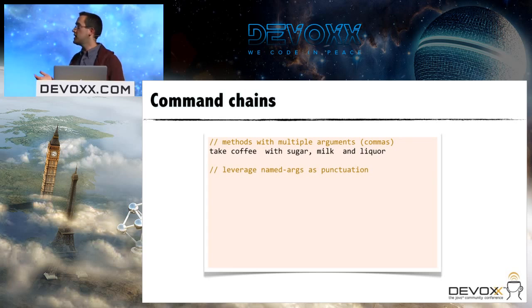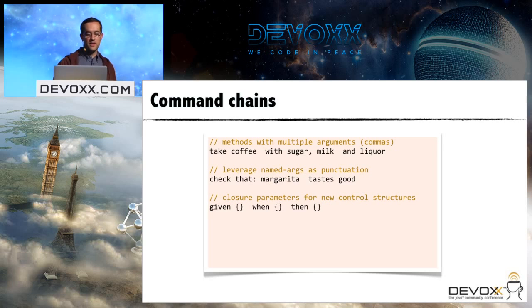It's pretty much like plain English, and it reads very well. You can use named arguments, and I'll put the parentheses and dots after. So I'm just showing the examples first, and you can try guessing where the dots and parentheses are. Named arguments: check that margarita tastes good, and the colon kind of separates both parts of the sentence.